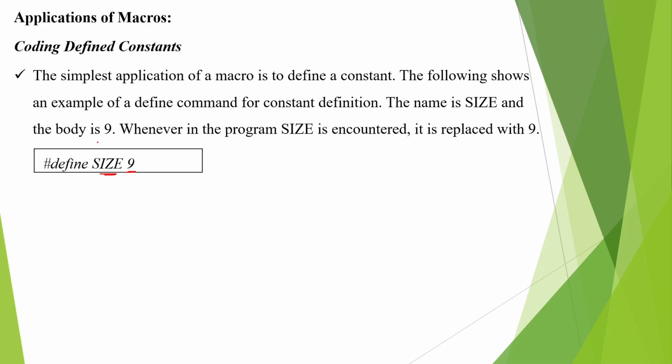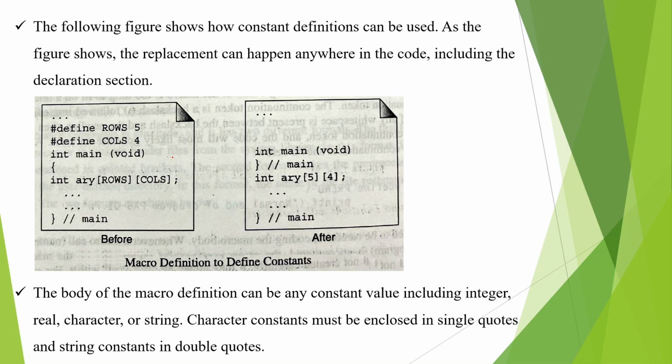The simplest application of a macro is to define a constant. The following shows an example of a define command for constant definition. The name is SIZE and the body is 9. Whenever SIZE is encountered in your program, it will simply be replaced with 9 only. So this is one of the applications, coding defined constants.